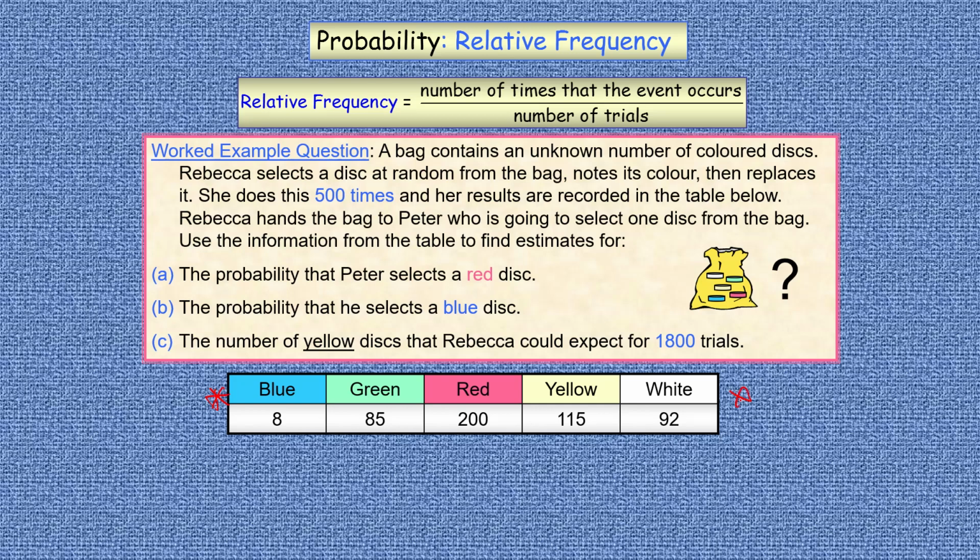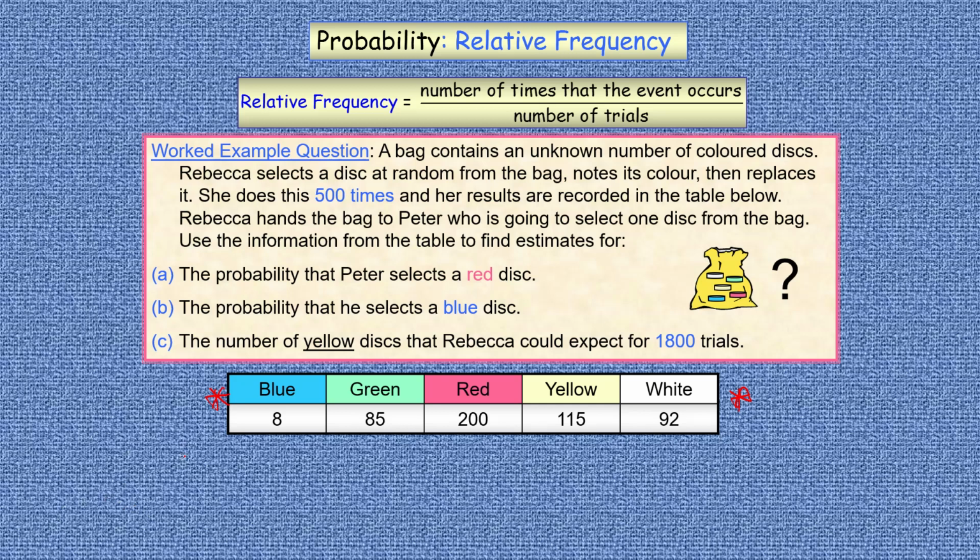So all our information is here. She selected blue 8 times, green 85 times, red 200 times, yellow 159, and so on. So use this information to find the probability that Peter selects a red disc. So Peter is going to select now.